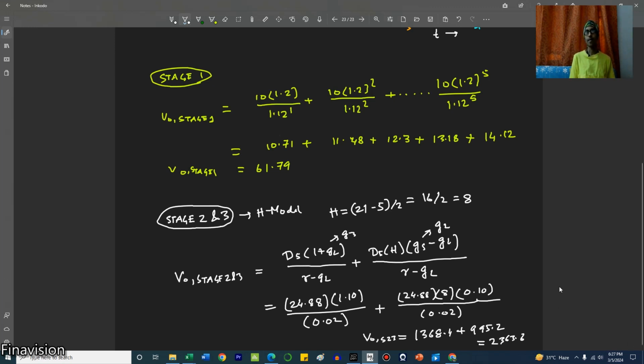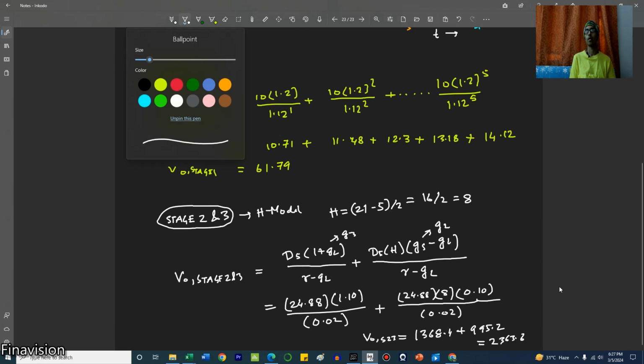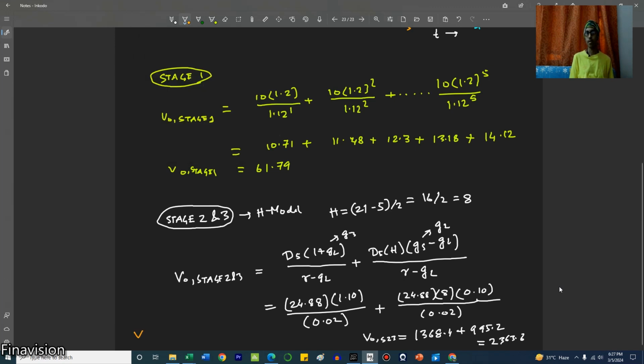And if you add stage 1 and stage 2 and 3 together, then the value comes to V123 is equal to 2363.6 plus 61.79 plus 61.79.